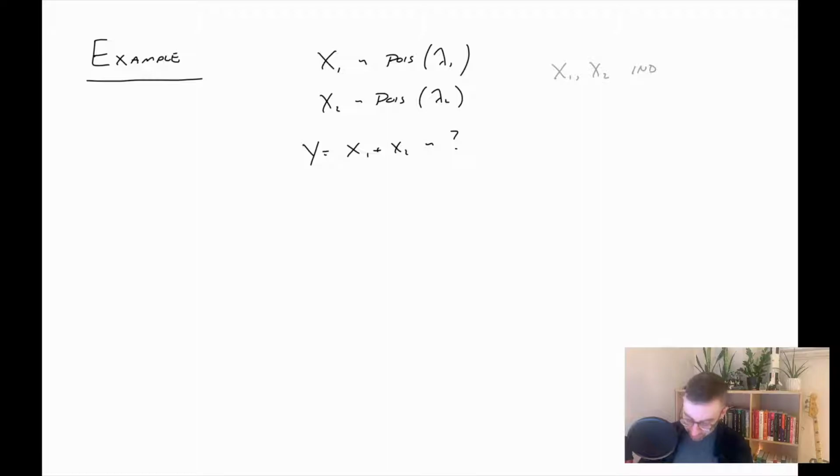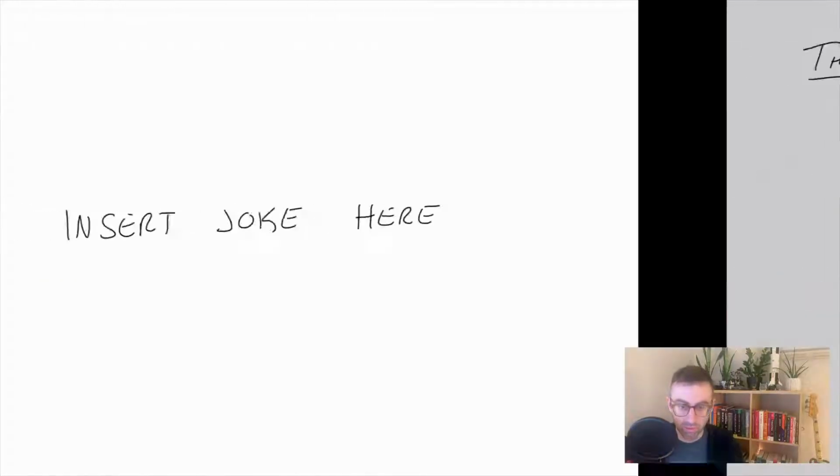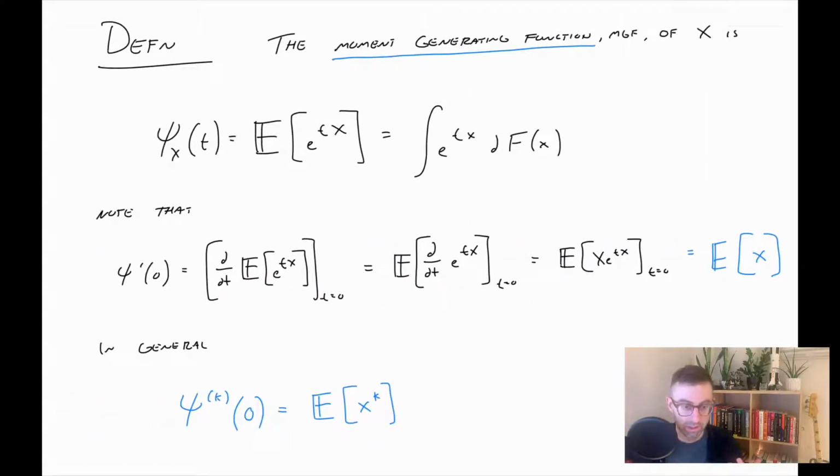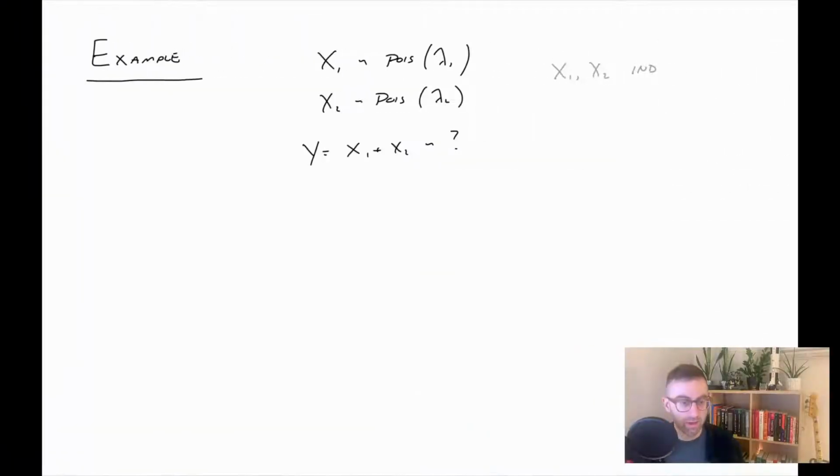Okay. So there are other ways to do this, but because this is a video about moment generating functions, we're going to use moment generating functions. First of all, I could obtain the moment generating function for x1 through the use of the definition. But if there's been a theme in this class so far, it's that I am lazy. I don't want to do that.